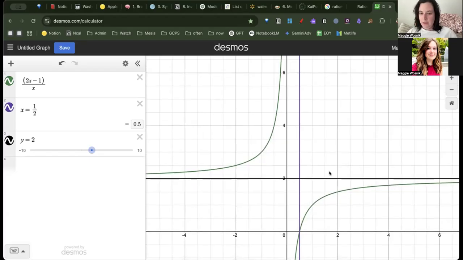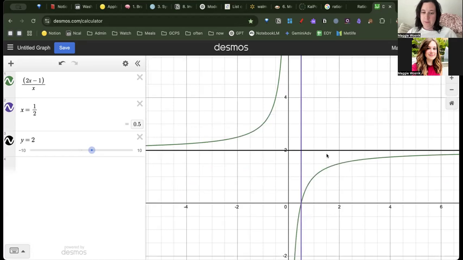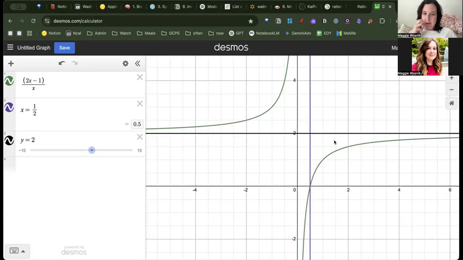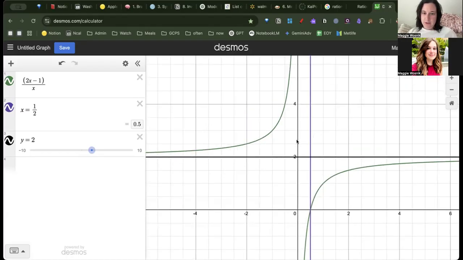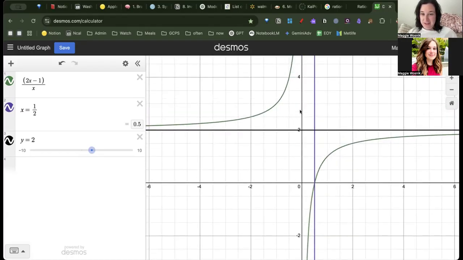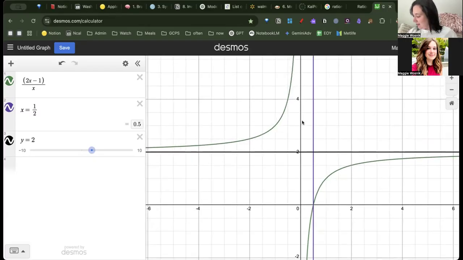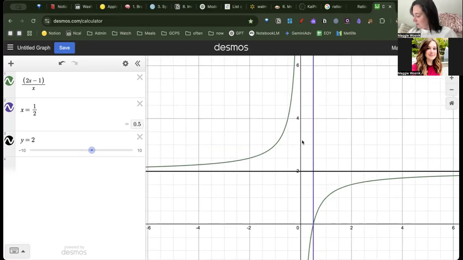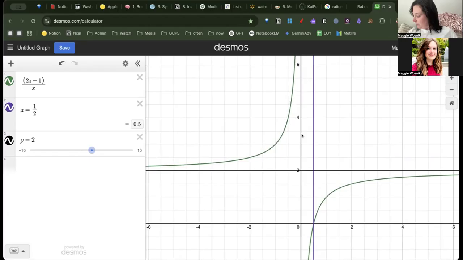Let's talk about the vertical asymptote. It's going to go up and down, and it's going to be the line that this function never touches. So what can x not be?